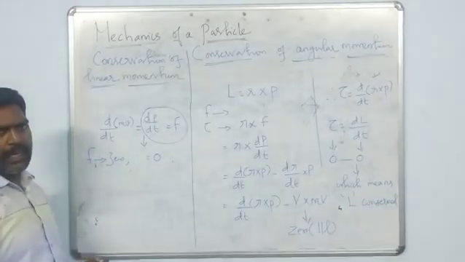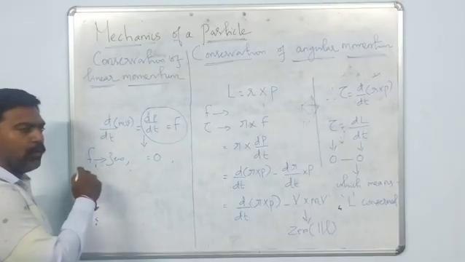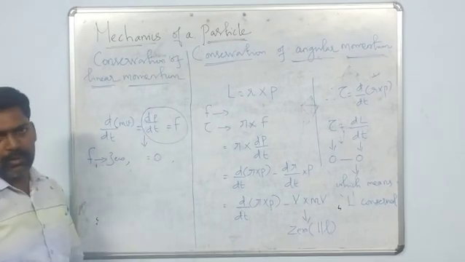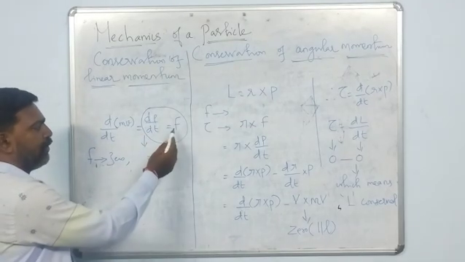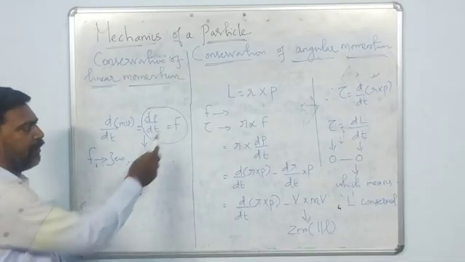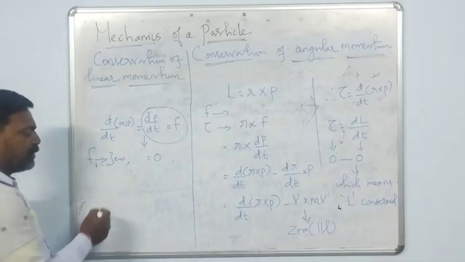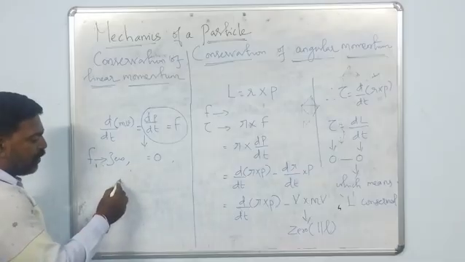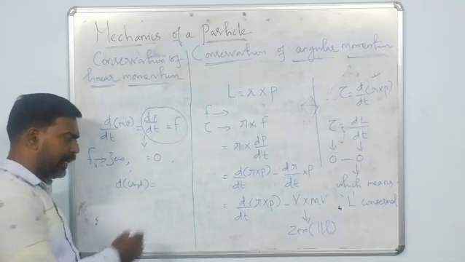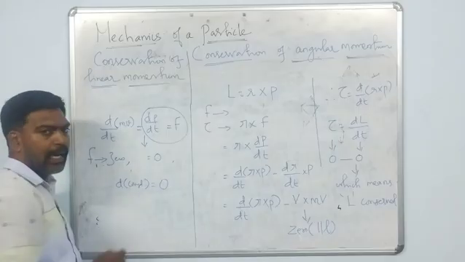Now we consider there is no force acting on the particle, which means F equals 0, so automatically dp by dt also equals 0. Once F equals 0, dp by dt also equals 0, since F is equal to dp by dt. Differentiation of any constant value gives the answer 0.